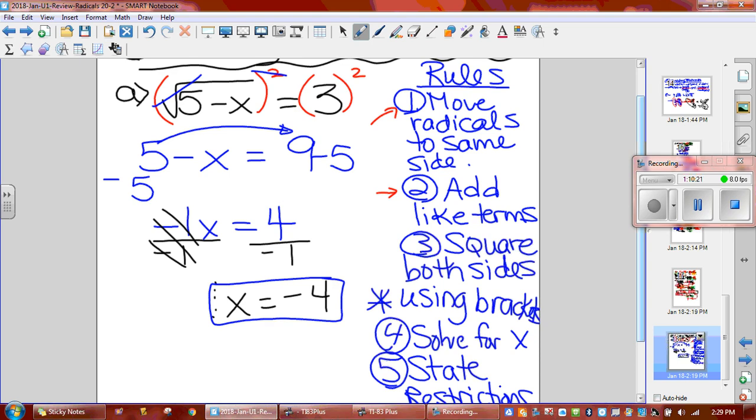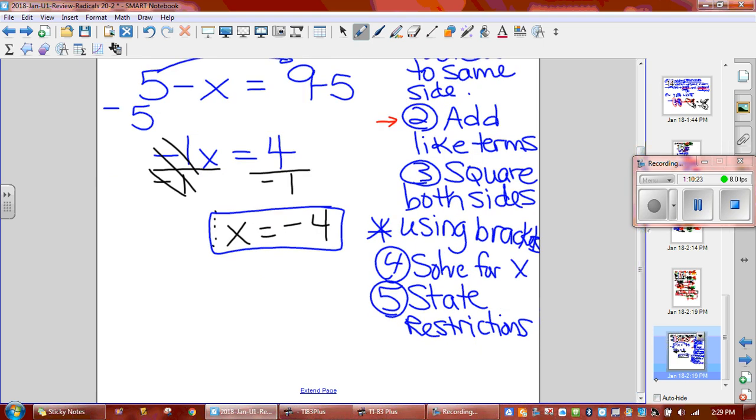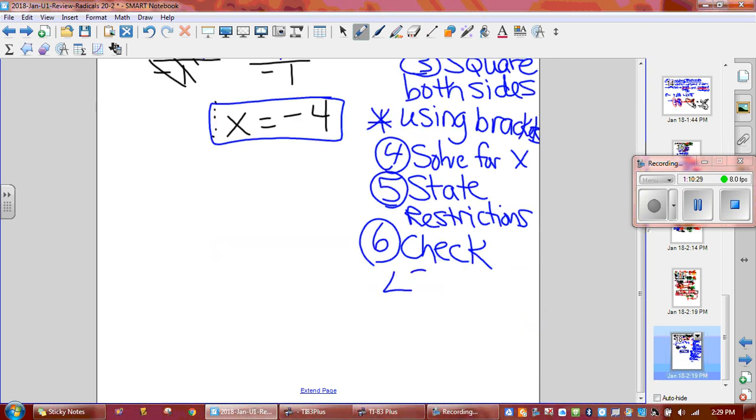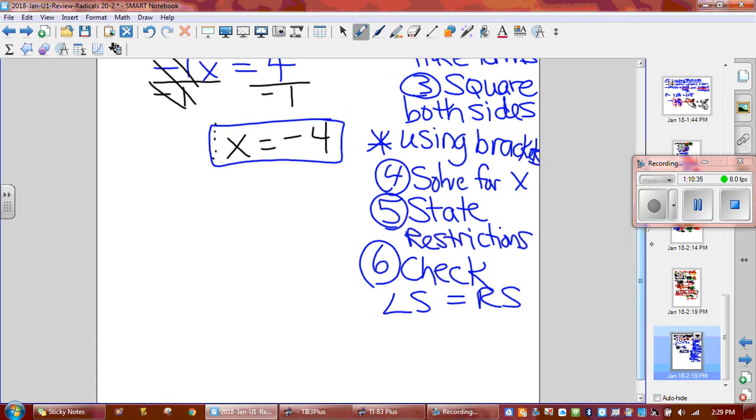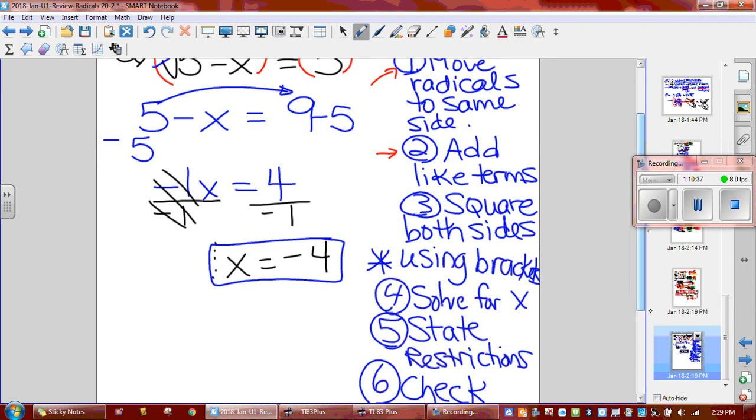So, here we go. We are now going to state the restriction. Stating the restriction, I need to take the variable out of the root sign. So I've got 5 subtract x, greater than or equal to 0, is how we always start. I'm going to move my 5 to the other side, subtract 5, that wipes the 5 out. So I'm going to have negative 1x greater than or equal to negative 5.